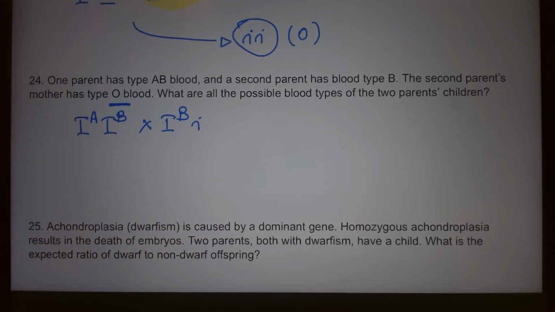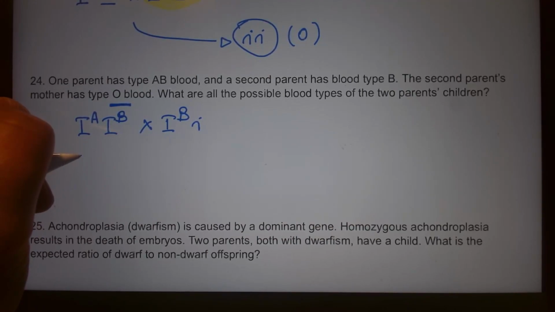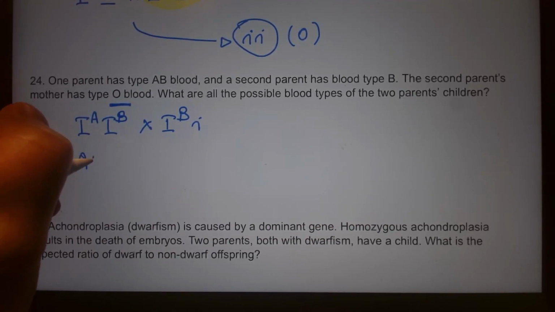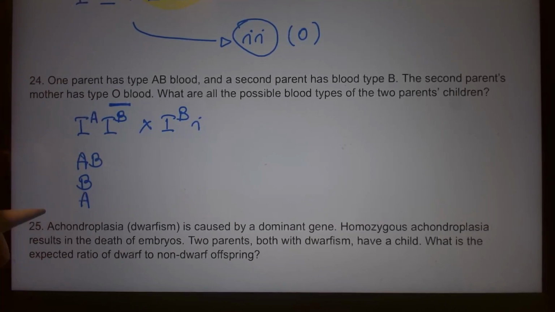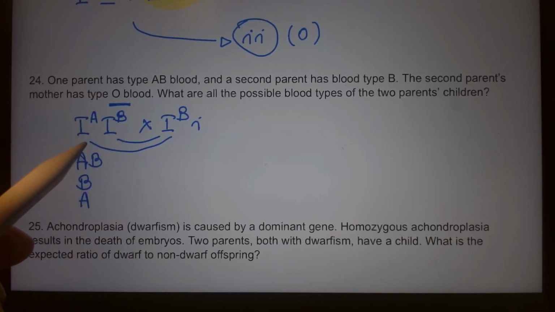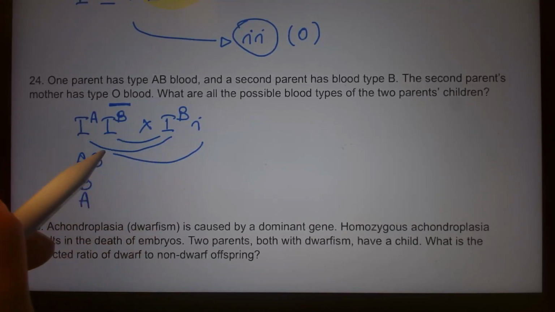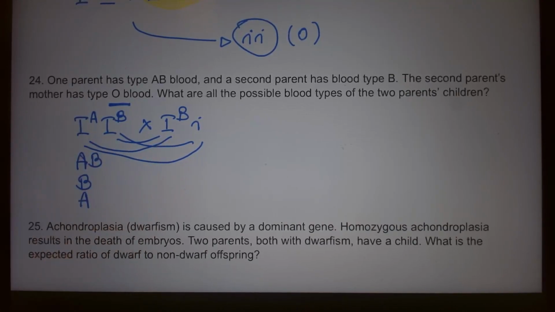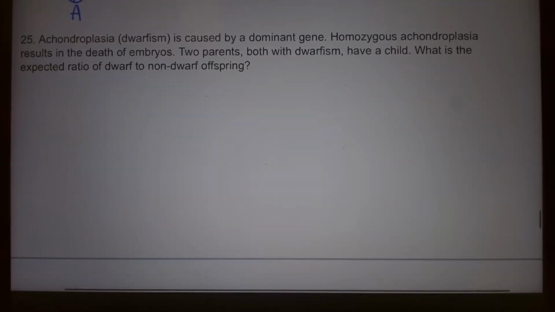In this case, what is the outcome? It can be AB blood as a phenotype, B phenotype, A phenotype, and that's all. If I just mix them like this, or with this and that.